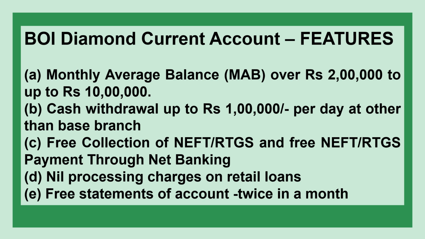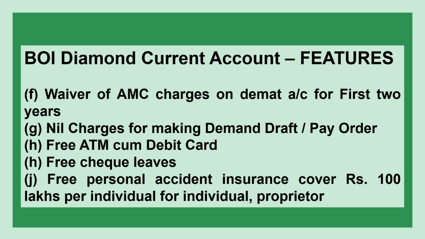Free statements of account twice in a month. Waiver of AMC charges on Demat account for the first 2 years. Nil charges for making demand drafts and pay orders. Free ATM cum debit card. Free cheque leaves. Free personal accident insurance cover of rupees 100 lakhs per individual for individual and proprietorship current accounts.